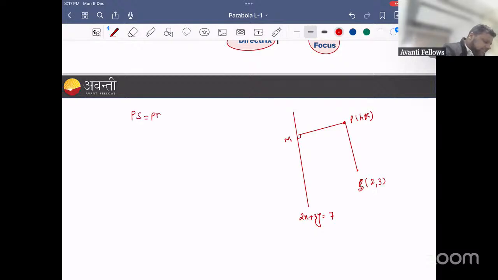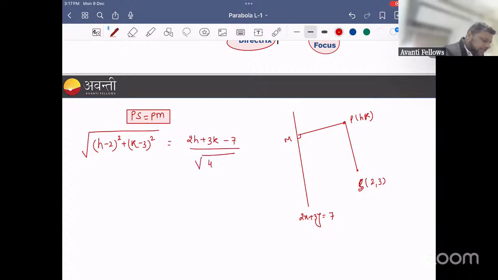Now, what is PS? PS will be the square root of (h minus 2) whole square plus (k minus 3) whole square, equal to PM. PM will be (2h plus 3k minus 7) upon the square root of 4 plus 9.